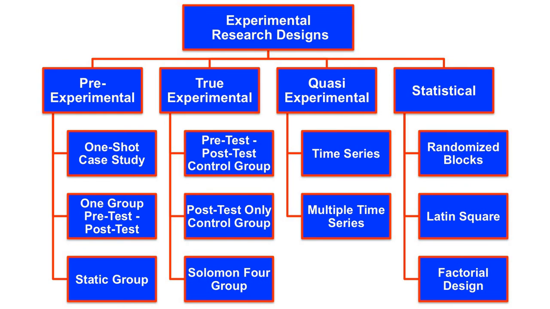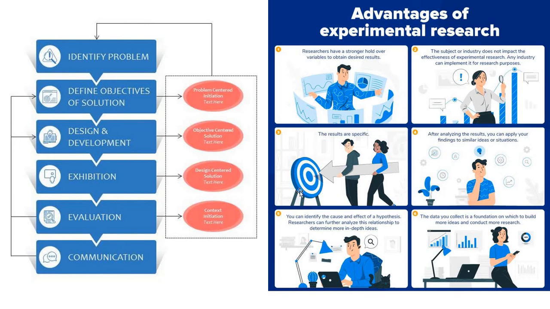What is the advantage of experimental research? When we go to experimental research, we first follow the fact finding approach: identify problems, define the objectives of the solution, design and develop the method, demonstrate the solution, evaluate the various factors through validation and verification techniques, and finally communicate the entire results.